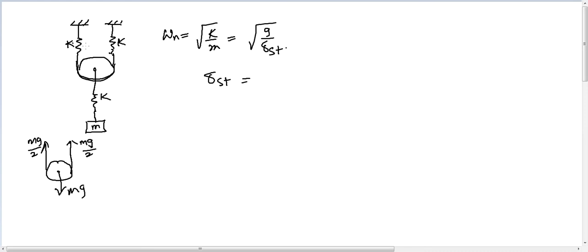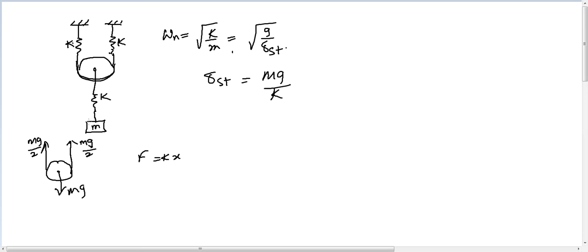So if we want to find out the deflection in this spring, since F is equal to K into X, the deflection is F by K. The force in this is mg, so the deflection is mg by K.